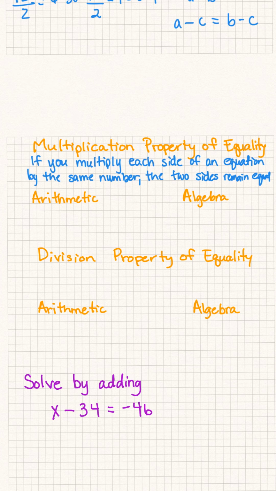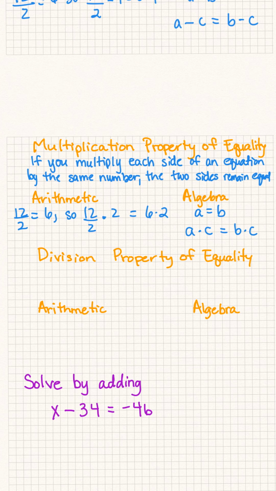Looking at an example, 12 divided by 2 equals 6, so 12 divided by 2 times 2 is going to equal 6 times 2. Or in algebra form, A equals B, so A times C equals B times C.